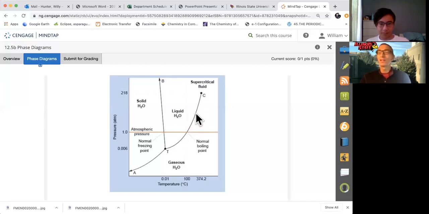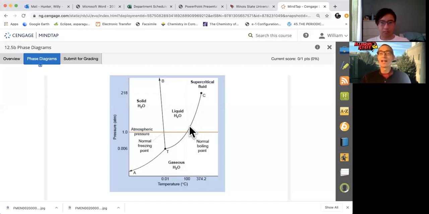If we increase the pressure above water, in order to get it to boil, you have to increase the temperature some more. Because boiling is liquid molecules turning into gaseous molecules. So they are separating from each other, going from left to right on this diagram. The molecules have to get further apart from each other.